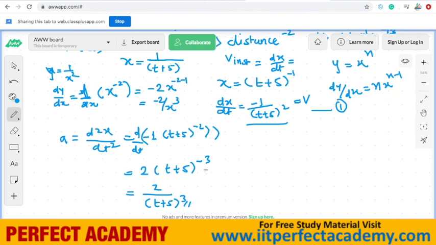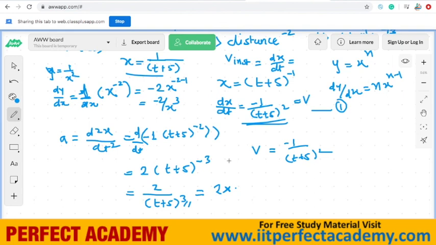Now the concern is, I already know that v is equal to minus 1 by (t plus 5) square. I can write this as 2 into... I can write this either in terms of x, or in terms of v.